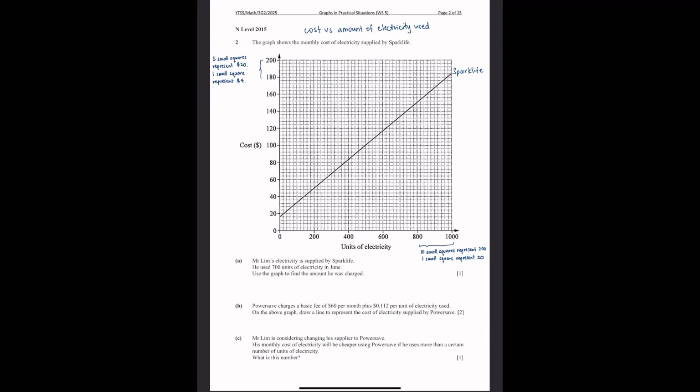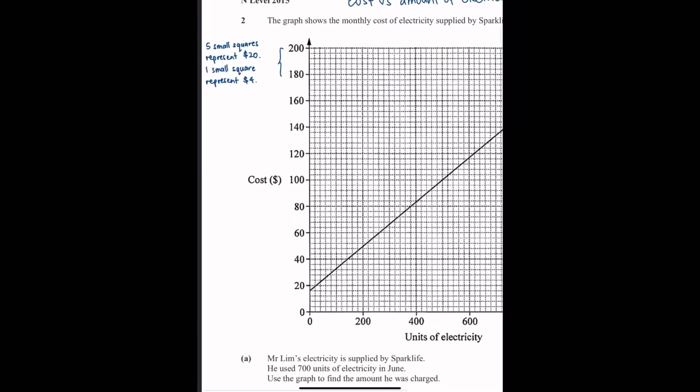So this is how you do part C. Now let's take a look at question 2. Question 2 is a graph that shows the monthly cost of electricity supplied by Sparklife. This graph represents the cost versus the amount of electricity used. Cost is represented on the vertical axis, units of electricity on the horizontal axis. Let's zoom in here first.